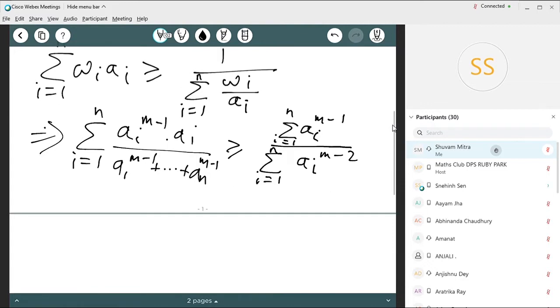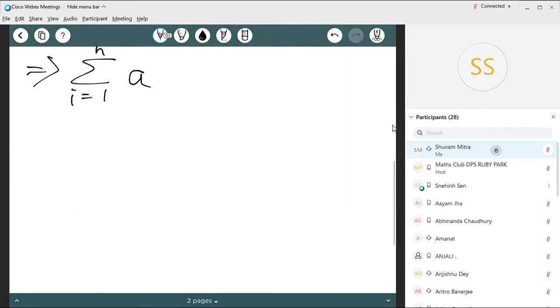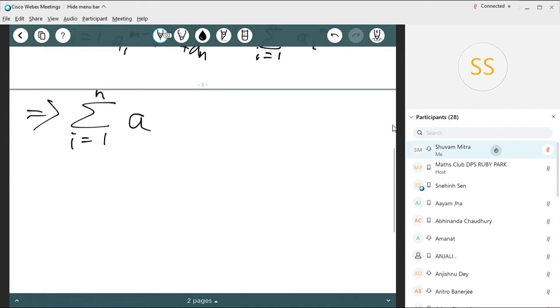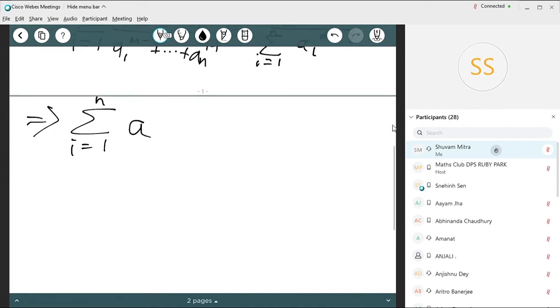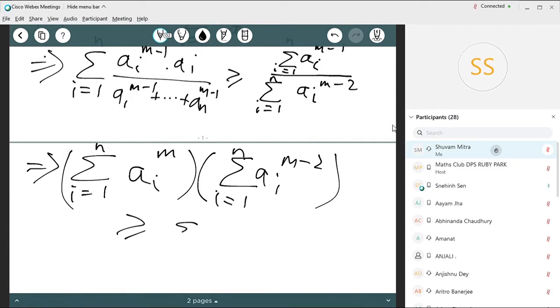So what's this? Basically, this would imply that the summation i equal to 1 to n of ai to the power m minus 1, this becomes the summation of ai to the power m, times the summation i equal to 1 to n of ai to the power m minus 2, is greater than or equal to the summation i equal to 1 to n of ai to the power m minus 1.